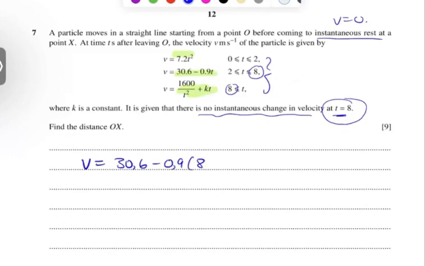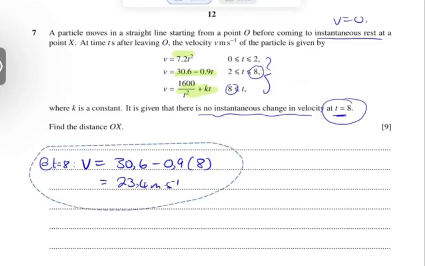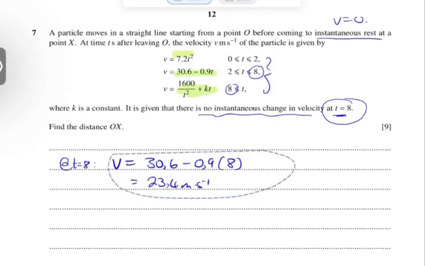I want to see at t equals 8 what's happening. So my velocity at that point is 30.6 minus 7.2, which is 23.4. That's my velocity at that point.